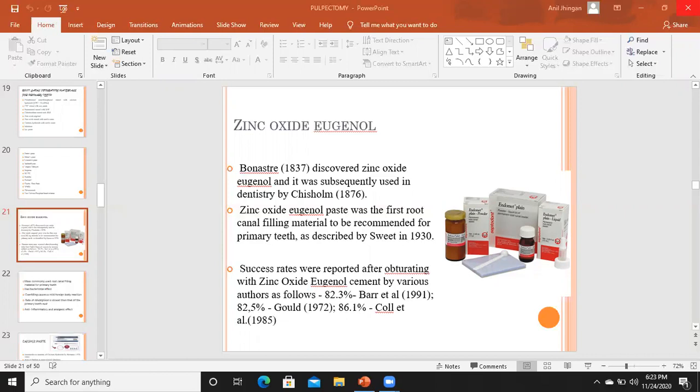Zinc oxide eugenol was the first root canal filling material to be recommended for primary teeth, as described by Sweet in 1930. The success rates reported after obturating with zinc oxide eugenol cement by various authors range between 82.3% and 86.1%, which is quite high.